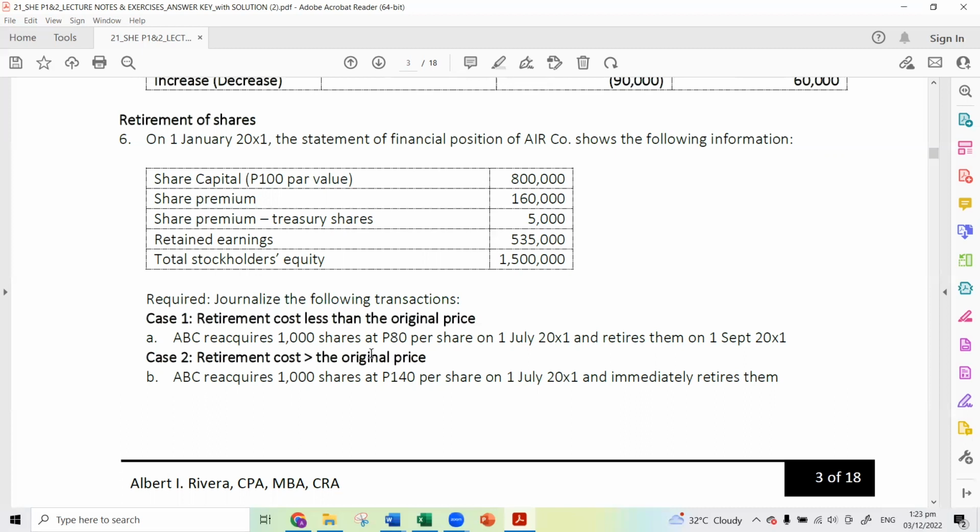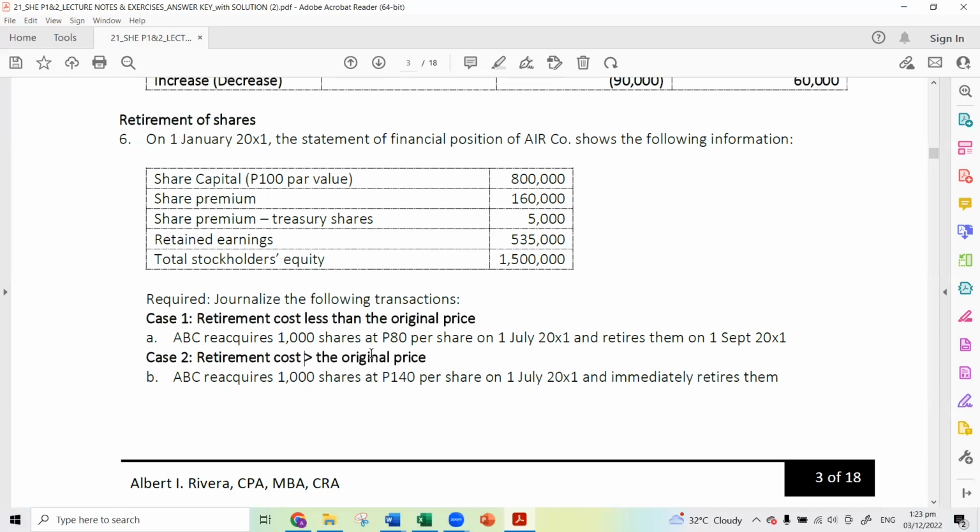Kapag class yung shares ay ni-retire, the total par value and the related share premium of the retired shares are removed in the books of accounts.